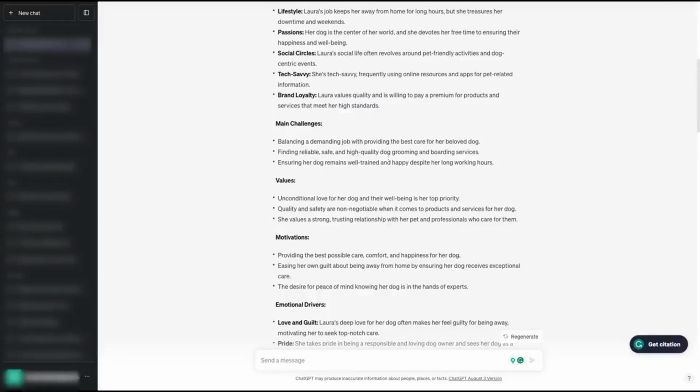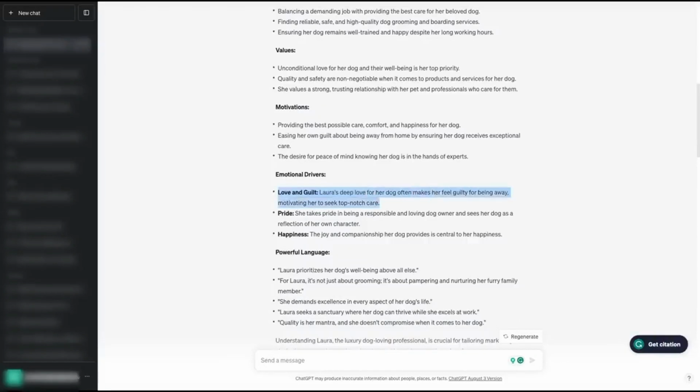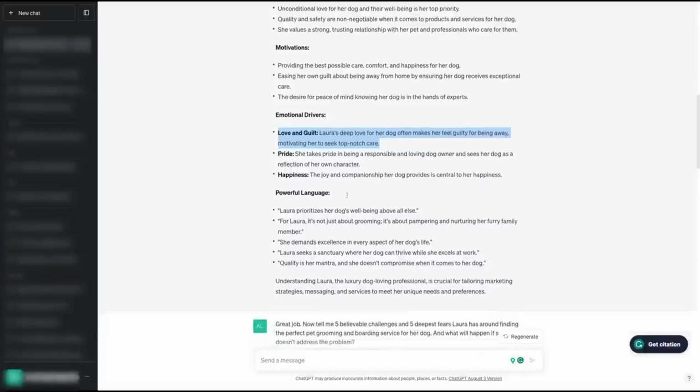With this kind of information, it sets a very good foundation for us to build on and actually get into the minds and the emotional drive of your ideal customer or your customer avatar. This helps you to know how to talk to them, how to communicate to them. When you want to run ads, how to run the ads, what words you should use when you're communicating to them, whether on your website, on your social media posts, and so on and so forth.